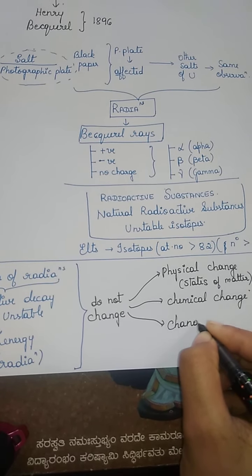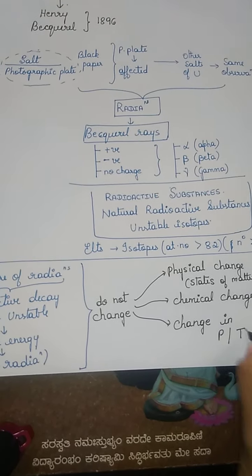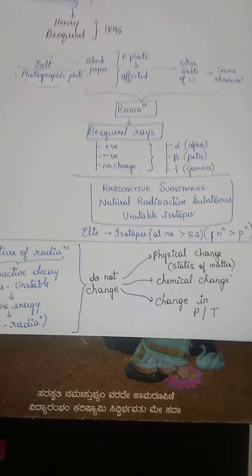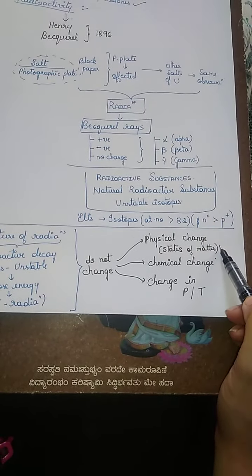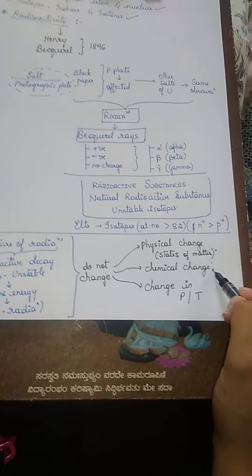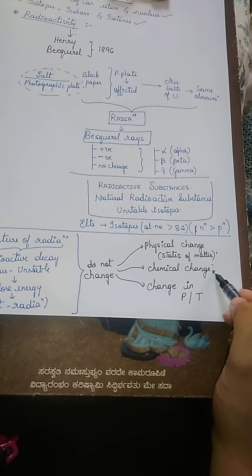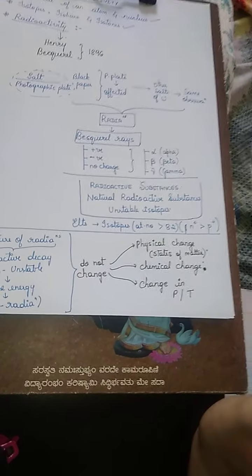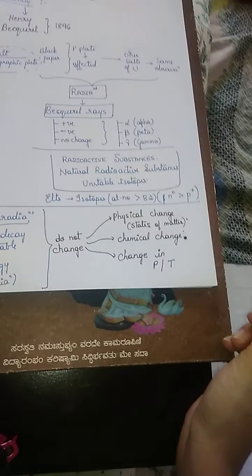So this change will not occur because of change in temperature or pressure. Basically the nature of radiations does not change based on physical or chemical change like heating, freezing, chemical reactions, oxidation, reduction, magnetic field, etc., and also not because of change in pressure or temperature.